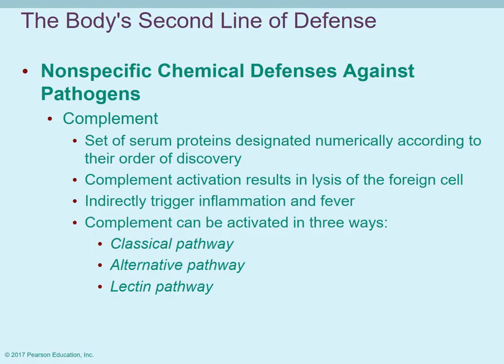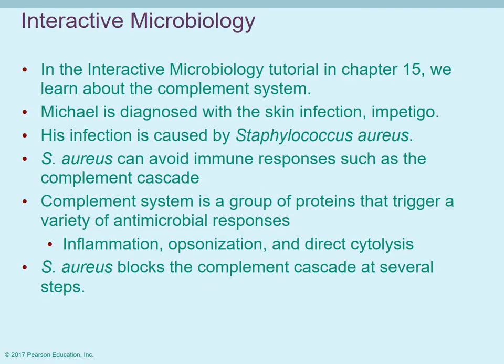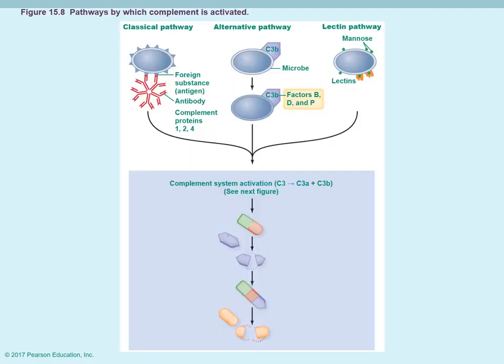it can be activated. Now, one thing to keep in mind when this complement is activated, indirectly it will also trigger the inflammatory response, and it can cause fever. See several different things interacting together. This is just a case study. And so there's 3 different ways that complement can be activated.